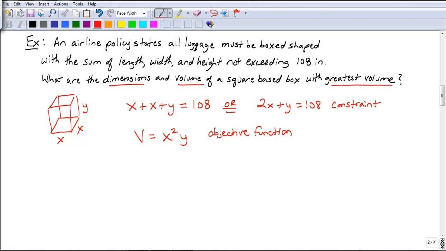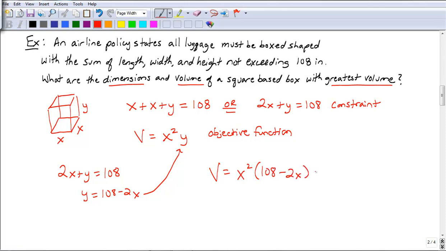So I'm going to take my constraint and solve it for one of the letters. In this case, I get y as 108 minus 2x, and I can plug that into my objective function. So I get x squared times 108 minus 2x, which is 108x squared minus 2x cubed.